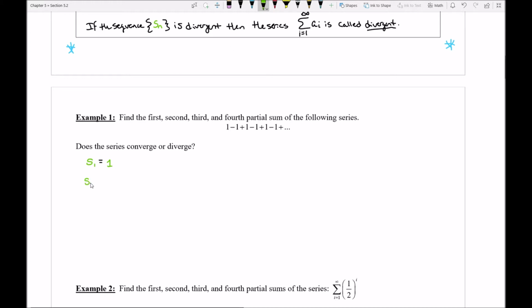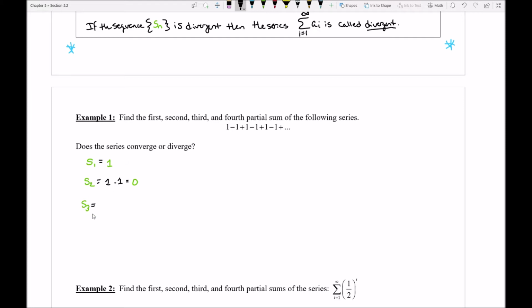Now to find S2, there's a little bit more work to do, because that says take the first two items in the addition problem, which is the 1 and the minus 1, and add those up. Of course, that results in a value of 0. And so I see the sum of the first two items is 0. I can often think of these S's as kind of like a running total on the infinite addition problem, like how much do we have accumulated thus far?